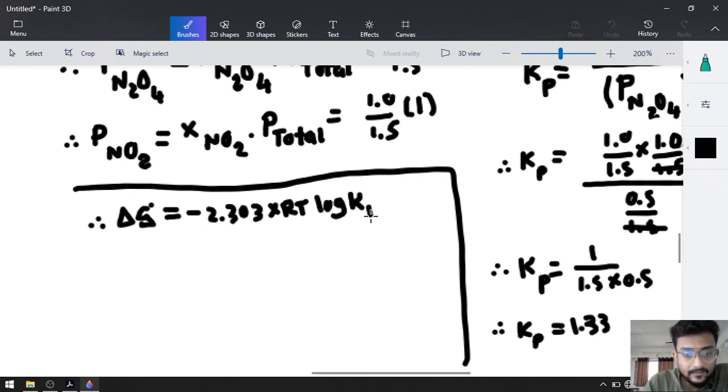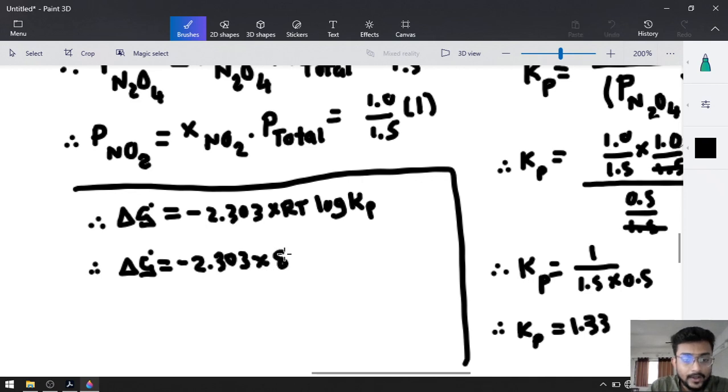For this formula we have to calculate Kp, and the calculation of Kp is the portion of the next chapter, equilibrium. That's why this particular example is out of the syllabus right now. Still we calculated it. Now put down the values: minus 2.303, value of R is 8.314, temperature 333 Kelvin, and log 1.33.